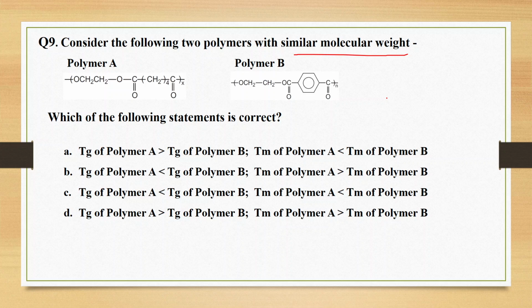Obviously, as it has both Tg and Tm, you know these polymers are semi-crystalline polymers. So you have to identify what will be the order for Tg and Tm for both these polymers with similar molecular weight. I have one answer, C. Okay.